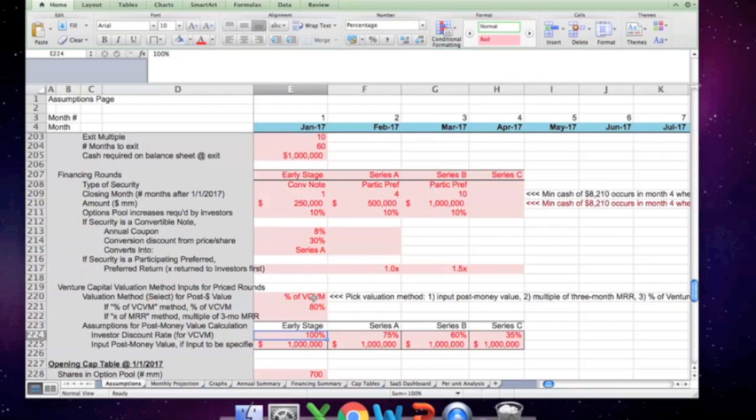And if you use any kind of venture capital valuation method or discount method, which we are using here, the model will ask you for the discount rate. It's irrelevant in the first stage because there is no valuation for a convertible note. The valuation only becomes relevant for the Series A, Series B. Of course, there is no Series C. We can delete that as well.